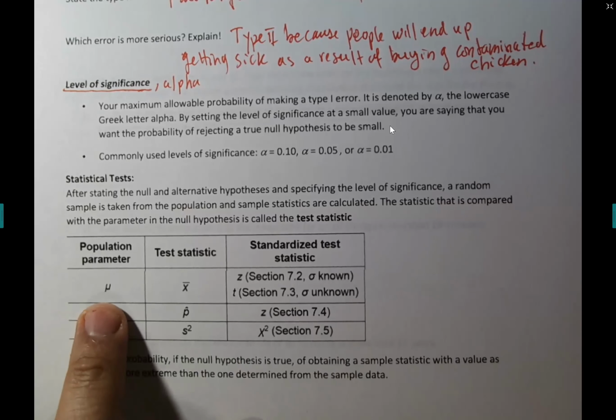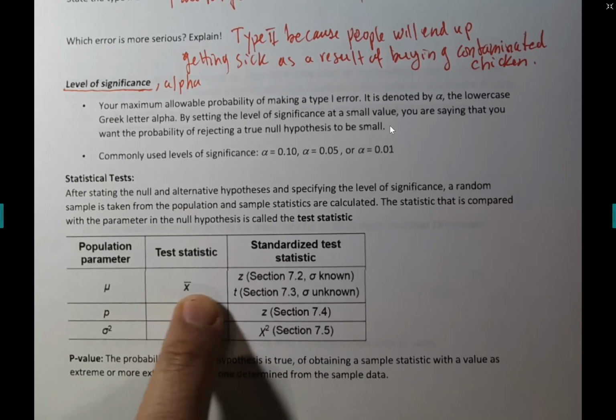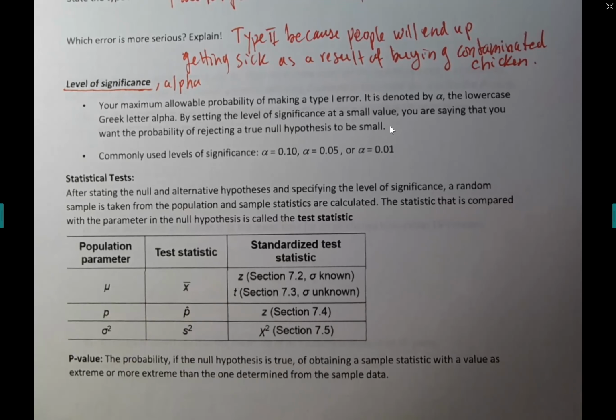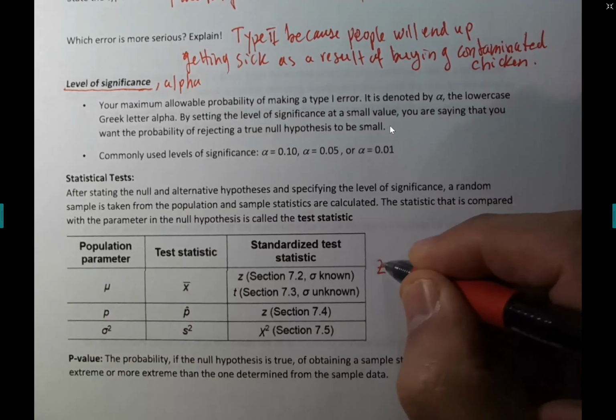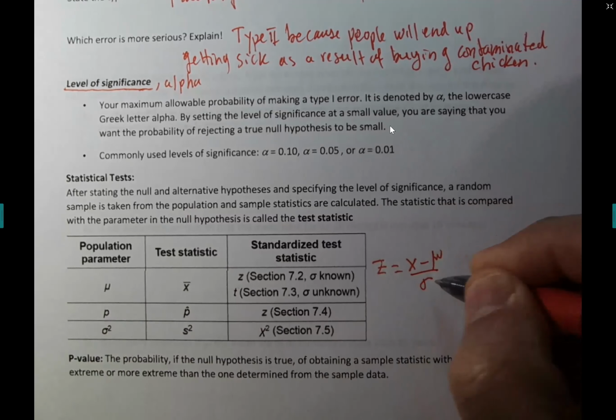If it is a claim about the population mean, we're going to be given some data from a sample, and you're going to be given X bar, which is the sample mean. We're going to try to convert X bar to a Z score, which we call the test statistic, called Z. You are already familiar with the formula of Z, which is Z equals X minus the mean divided by the standard deviation.